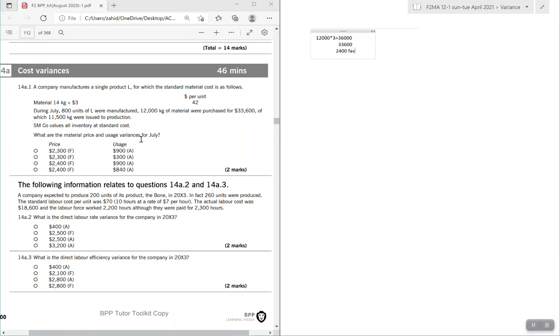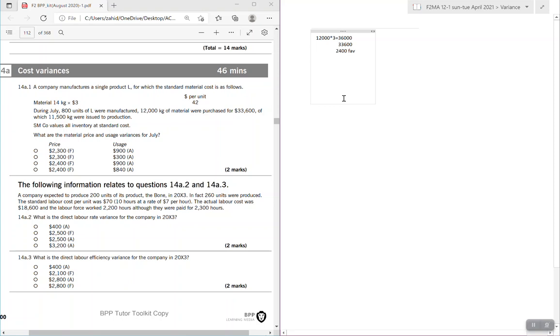Now let's look at usage variance. We produced 8,000 units, and even though we purchased 12,000 kgs, we used 11,500. So when we talk about usage, we take the kgs used.